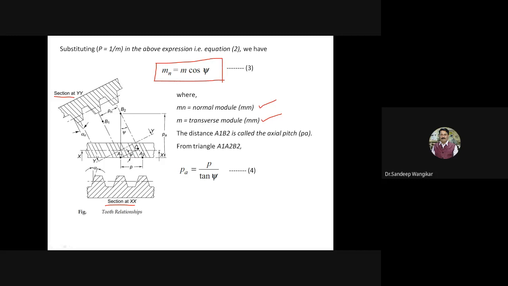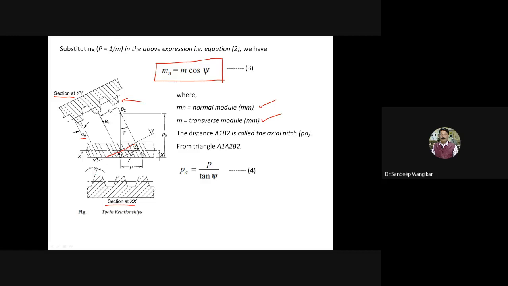But if you cut a plane perpendicular to the teeth and imagine the spur gear in this perpendicular plane, the view you get is like a spur gear, and we can use all the formulas of spur gear here. Therefore every time we take the normal module. So mn is the normal module, alpha n is the normal pressure angle, and alpha is the transverse pressure angle.